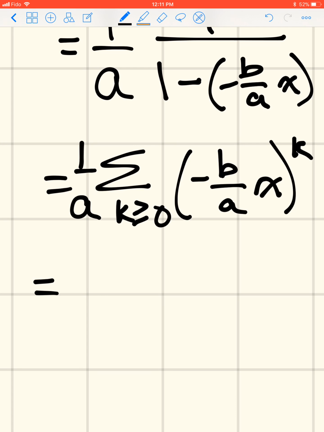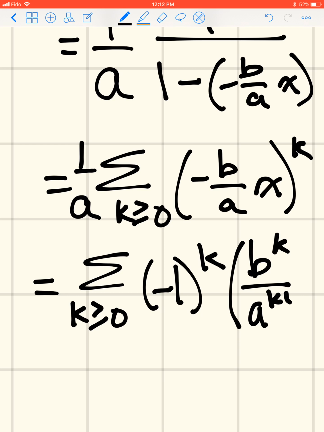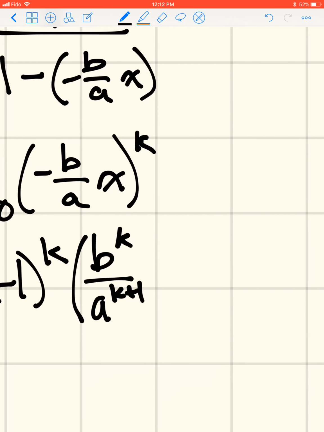We'll bring the 1 over a in and we'll put the negative 1 like this. And then our coefficient, we're going to have b to the k, and then we've got a to the k, but we've also got the a from outside, so it's a to the k plus 1, and then x to the k.